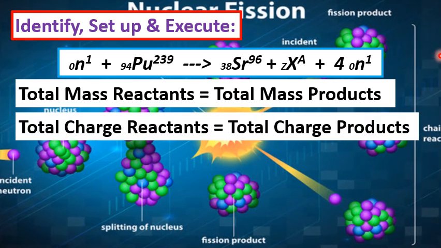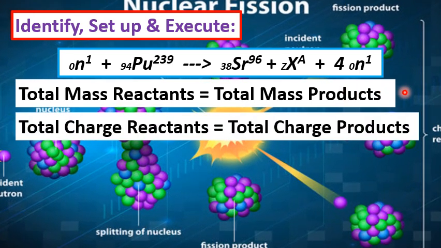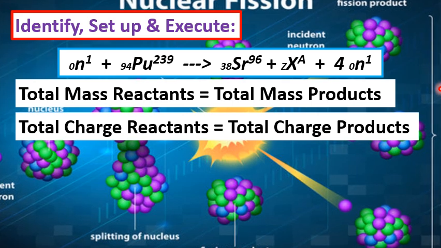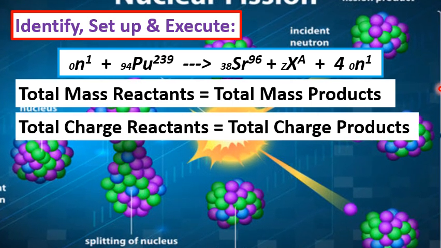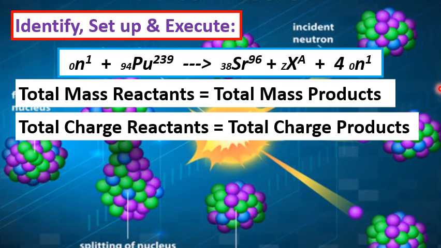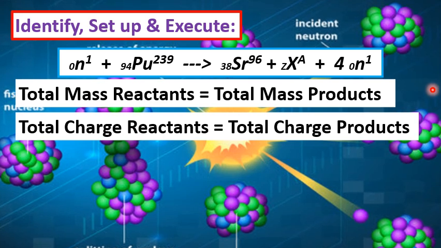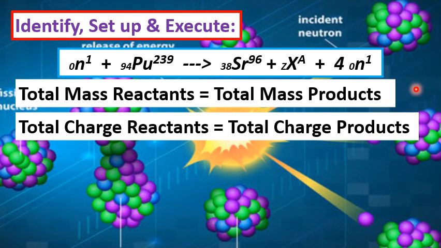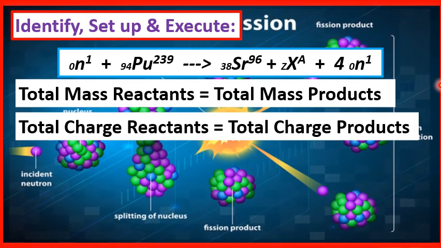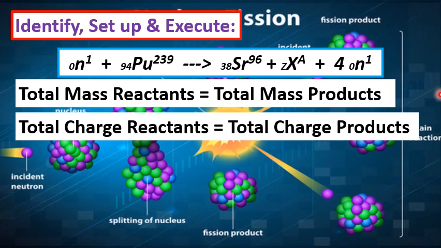And the law of conservation of electric charge, which when applied here means that the total charge of the reactants must also be equal to the total charge of the products.